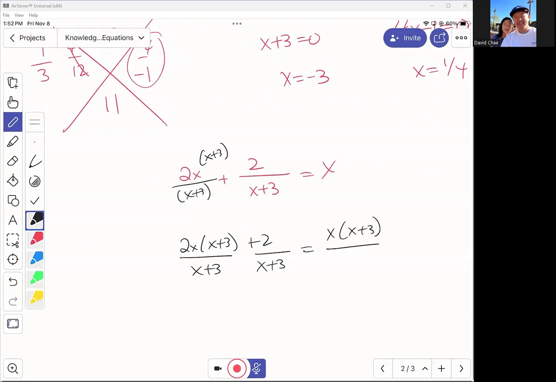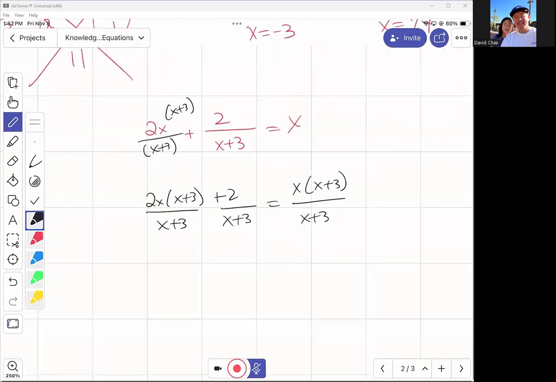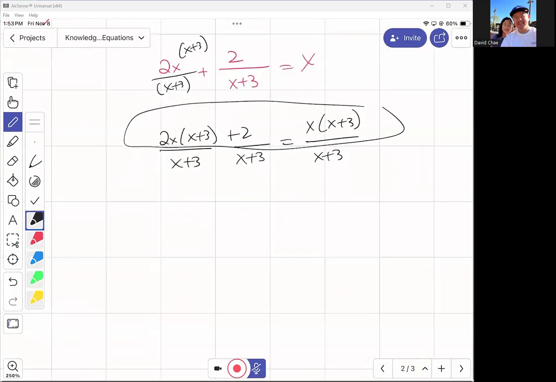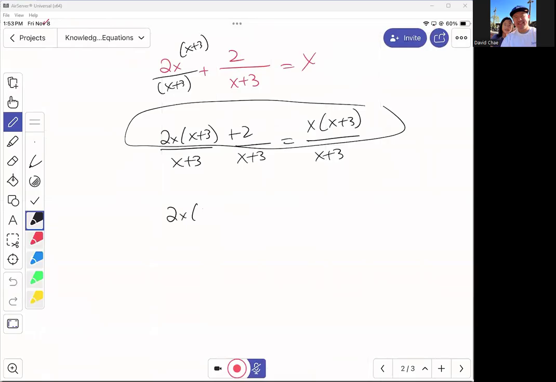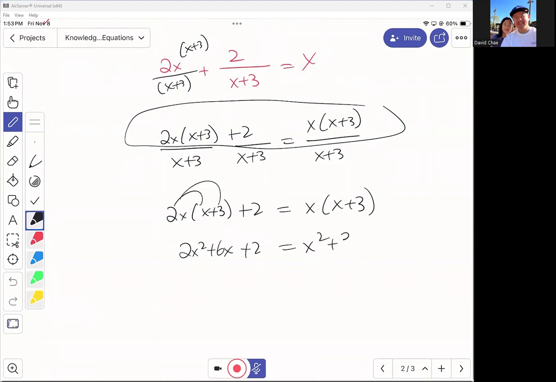Because we need a common denominator here as well. Once we do this, we can just focus on the numerator. We can ignore the denominator, so it would be 2x times x plus 3 plus 2 is equal to x times x plus 3. Distribute. So it would be 2x squared plus 6x plus 2 is equal to x squared plus 3x.